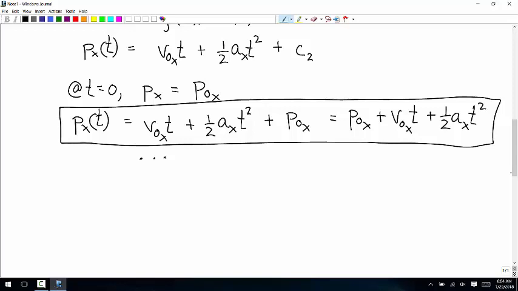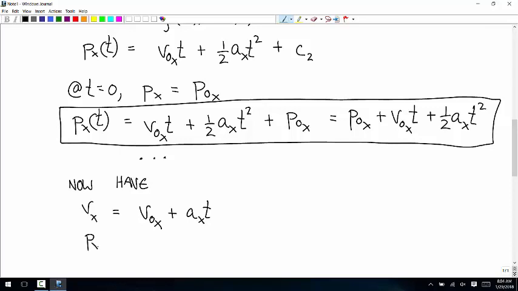So now we have these two expressions. I'm just doing this with the x component again, but it works just the same with the y component. But we have that Vx, that's a function of time, is equal to V0x plus axt.